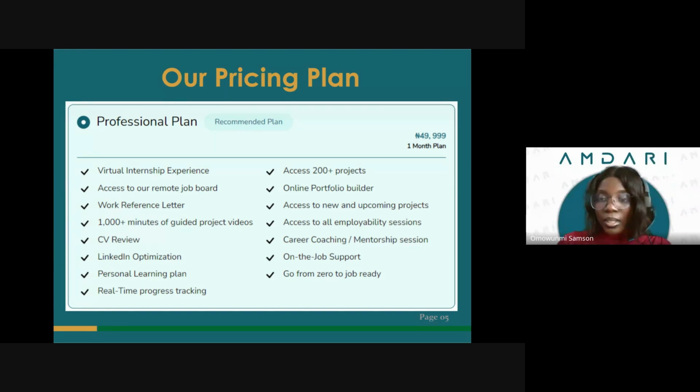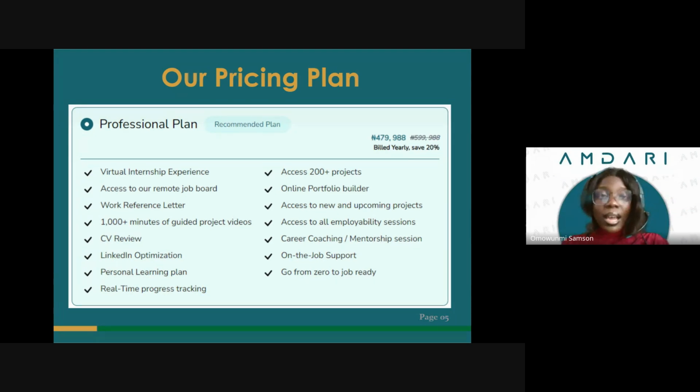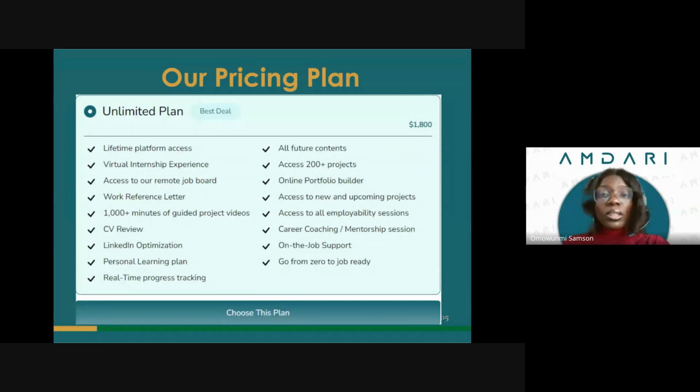Yes, Gloria, it's possible to upgrade your plan. If you subscribe for 1 month and you want to upgrade to the yearly, which is this one, you definitely can do that. And if you want to upgrade and say, oh, I want the lifetime access, which is the unlimited plan, this gives you access to future projects. Even if there is a change in price, which is most likely an increase, it doesn't affect you.